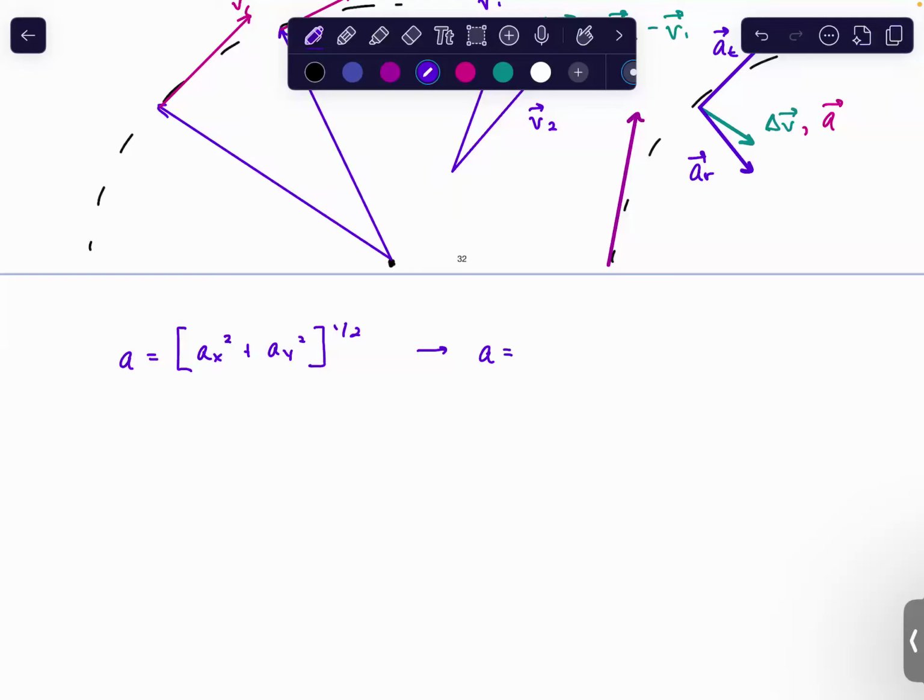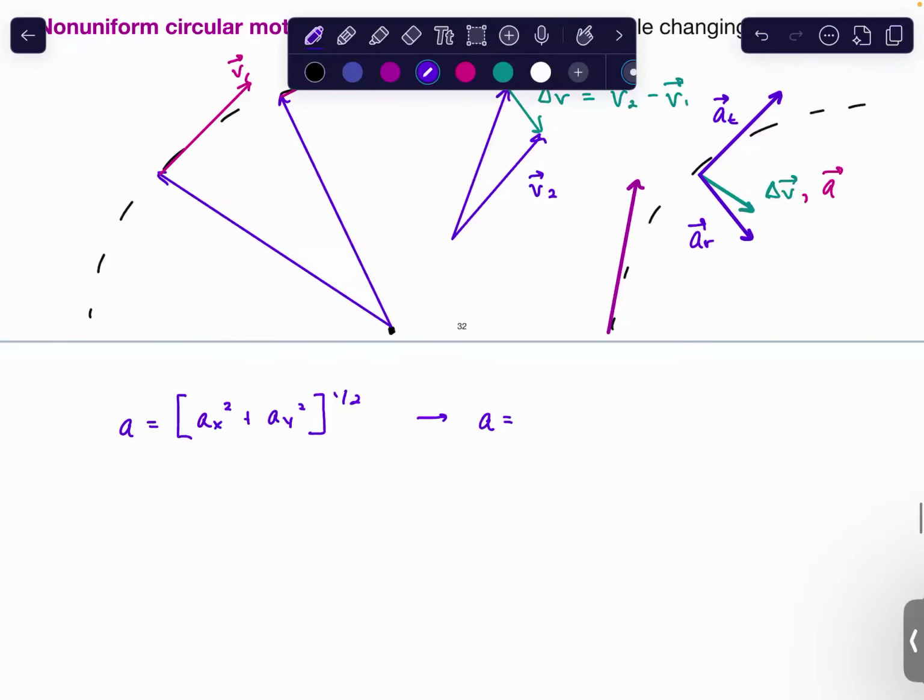It's real simple. It's the magnitude of the acceleration vector that's produced by the non-uniform circular motion. This was the way we were finding magnitudes. What do we do now? Kind of. It's still the components.